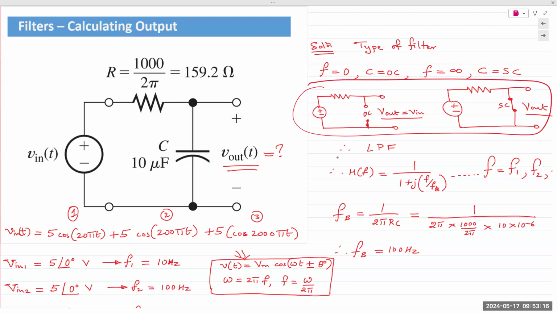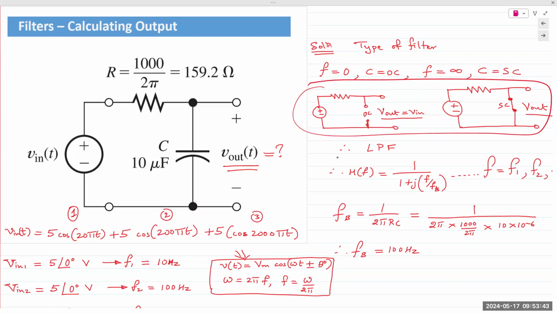So I plug in F equal to 0, V out, yes or no. F equal to infinity, V out, yes or no. Depending on my answers, I'll have 1 yes and 1 no. For low frequencies, I'm getting output. For high frequencies, no output. So if low frequencies output is yes, then it's a low pass filter.